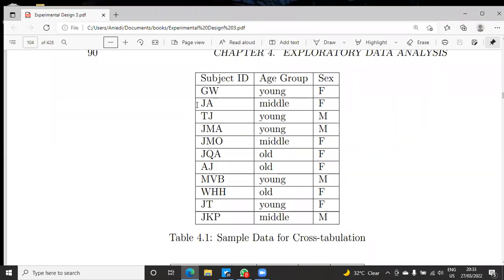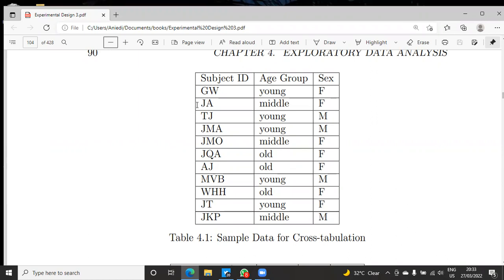Instead of keeping them so that the young is a different population, the middle aged a different population, and the old a different population, he decides to split all of them and group them under age group and sex, but cross them, not keeping them in their various populations, splitting them and mixing them into one population.